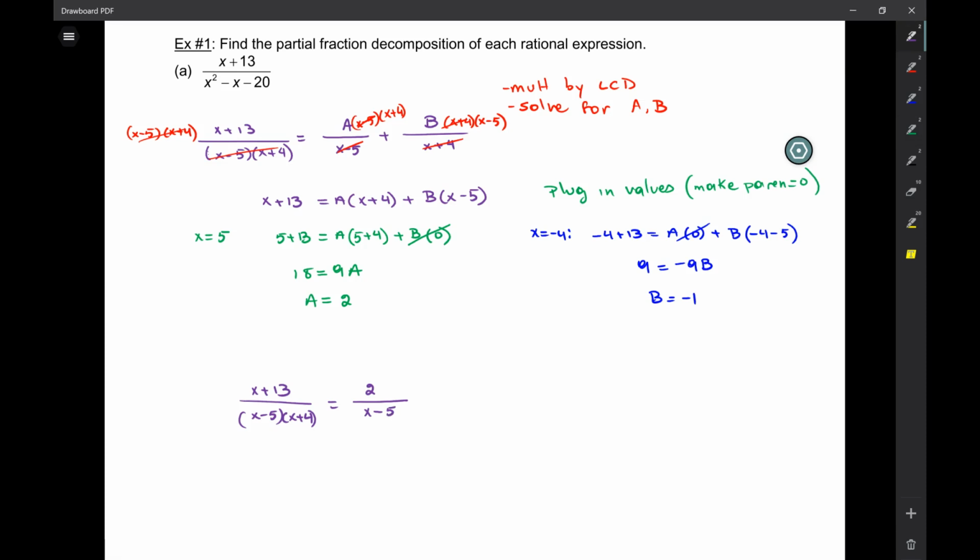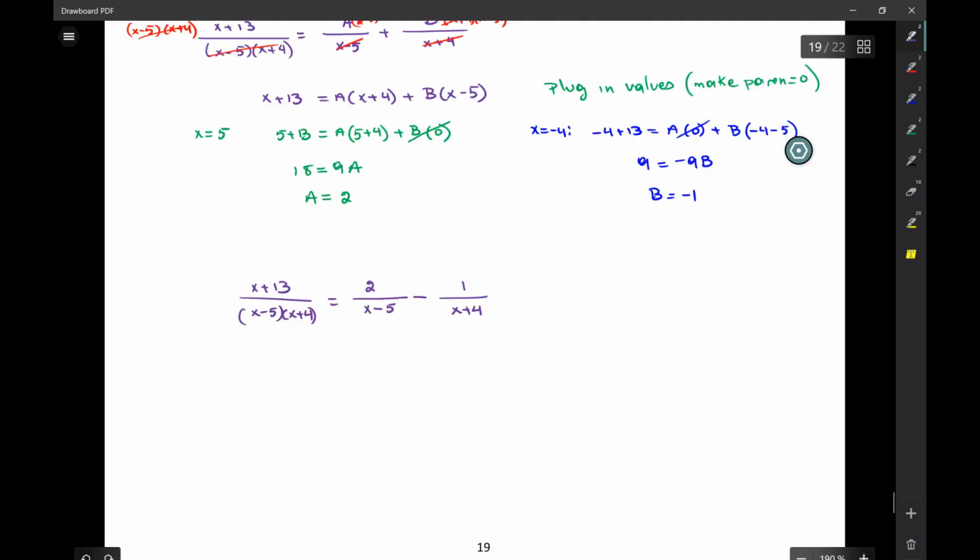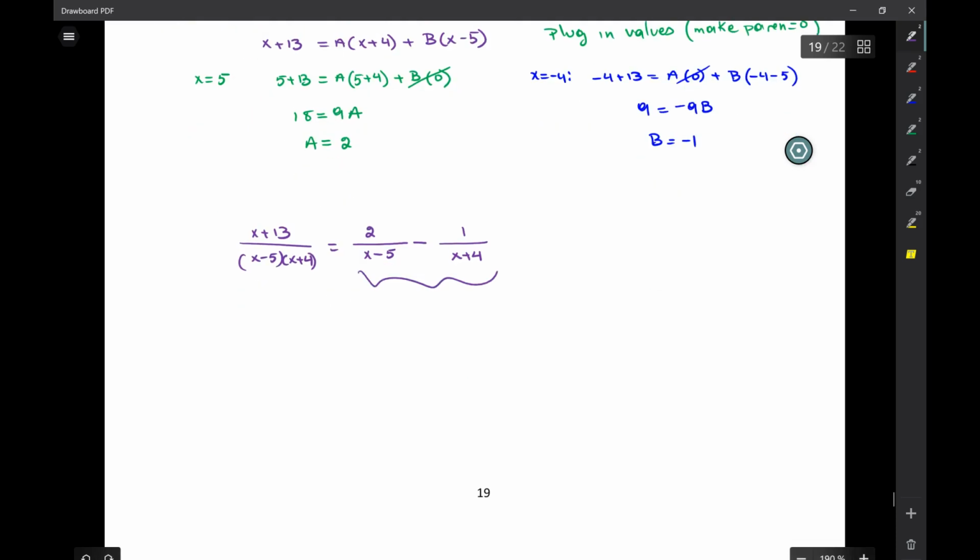And then the other one, so it's plus, B was -1 over x plus 4. Except in Precalc Honors, we don't do plus -1 over something. We just make this a minus here. So this is the partial fraction decomposition. That's what it is. So now if you added those, you would get that back.